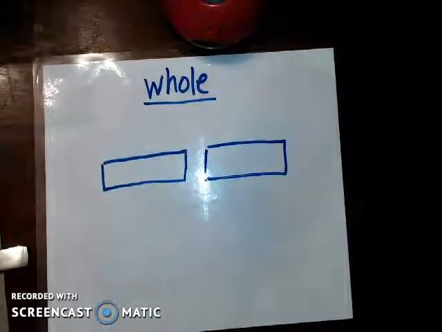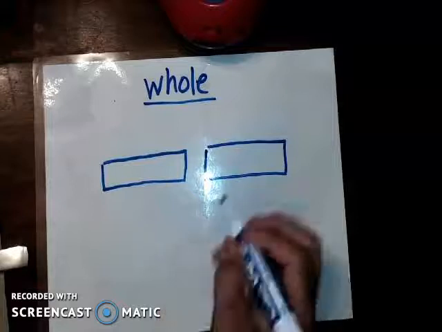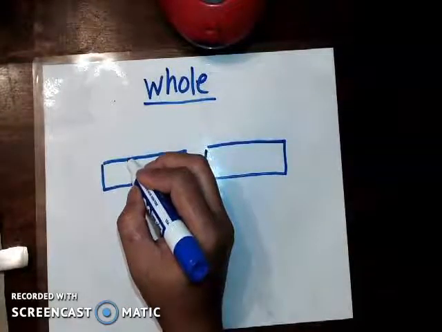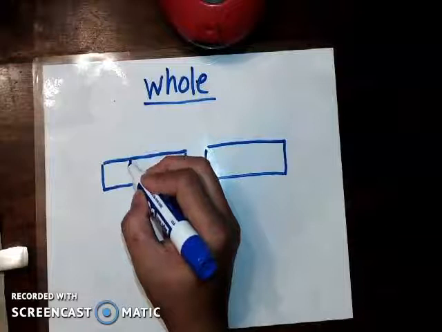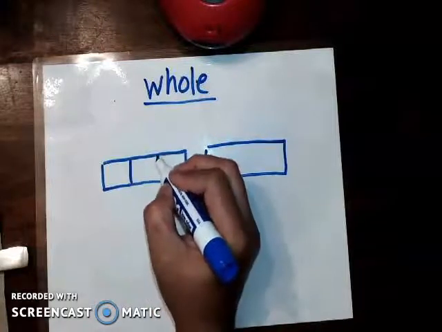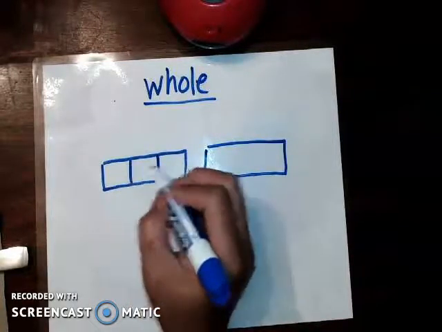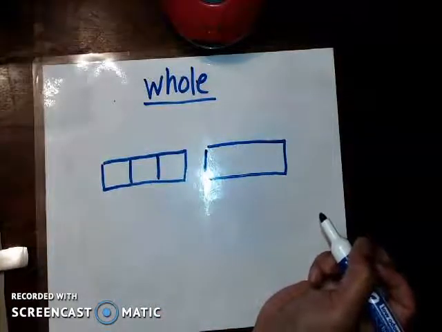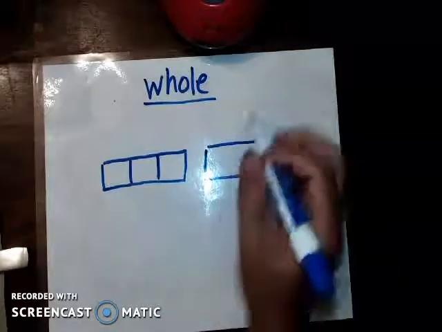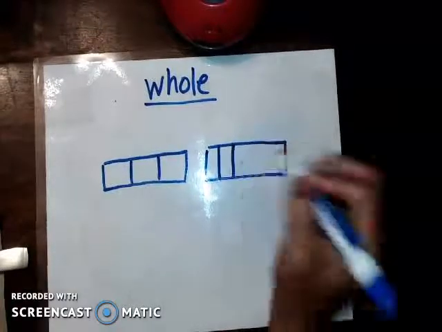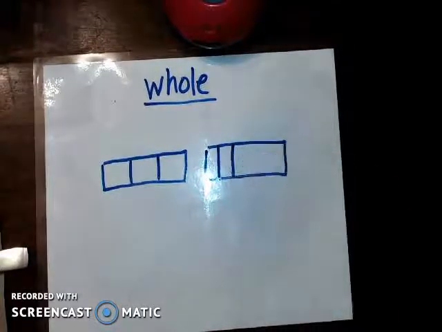And I'm going to have you split it up into three equal parts. Three equal parts, okay? So I would like for your first one to look just like this. As close to being about the same size as possible. And then the second one, let's do this. 1, 2, 3. There we go.